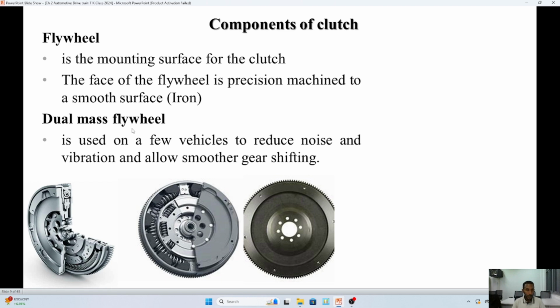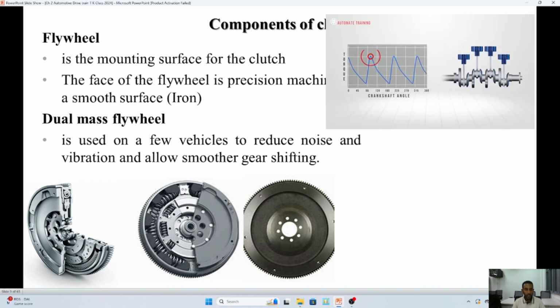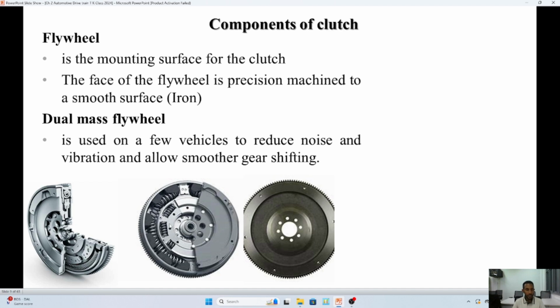This flywheel comes in some types. In some cases it is solid, and on the latest vehicles it is a dual mass flywheel. A dual mass flywheel has some improvements over the solid type flywheel. As you observe here, internally the flywheel is separated into two parts, and internally it has springs.